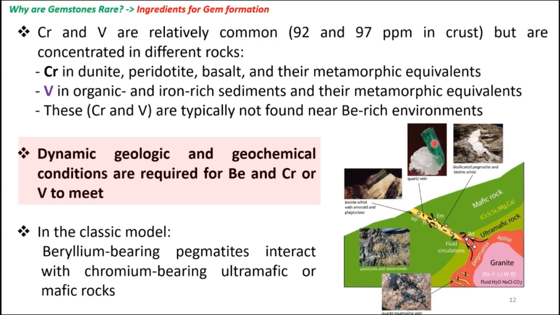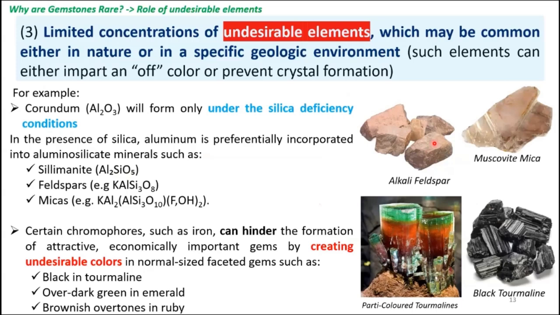So that is one of the classic models, the most commonly used model for emerald formation. So you can get an idea how difficult it is for these different elements to survive or be stable in different environments. So that is the role of ingredients for gem formation.